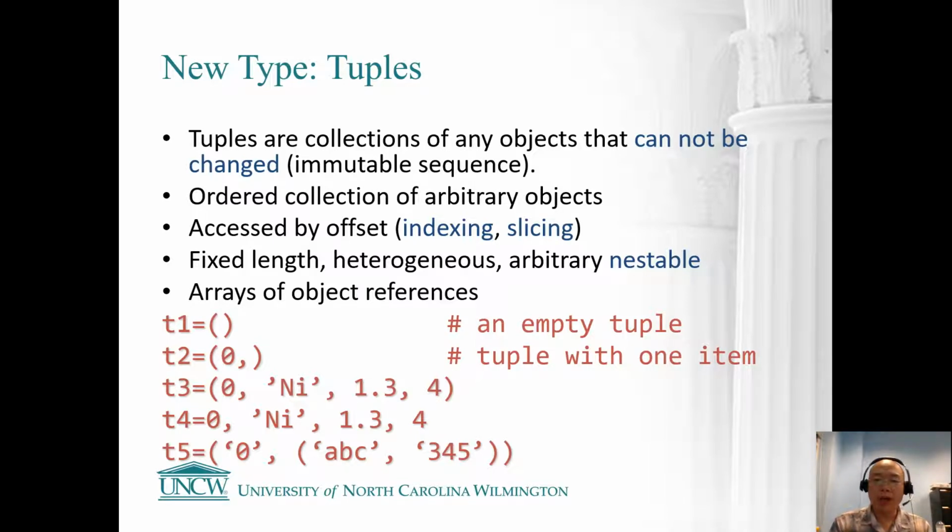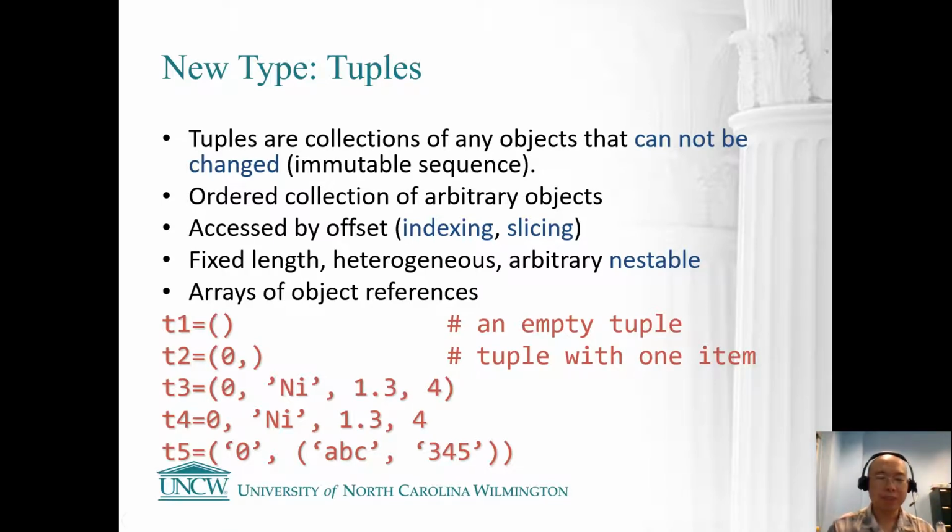Even without the parentheses, it will still be evaluated as a tuple because that is a sequence of items separated by commas. Remember, if we define a list, you have to use square brackets, but to define a tuple you don't really have to use parentheses. But to make your code easier to understand, I highly recommend using the parentheses.